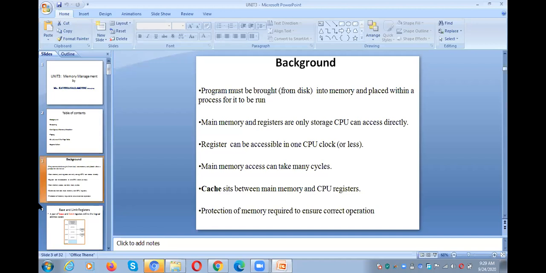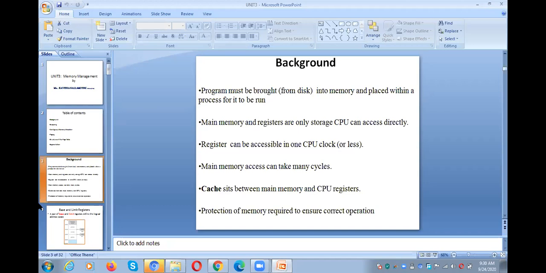The first partition is for the operating system and the second partition is the user area. The entire user area is divided into blocks. Based upon the program size and availability of blocks, the operating system allocates memory to the process. I repeat once again: the main memory is divided into two parts, the first occupied by the operating system and the remaining part for the user area, which is divided into blocks.